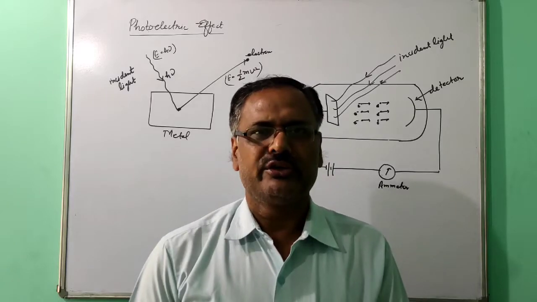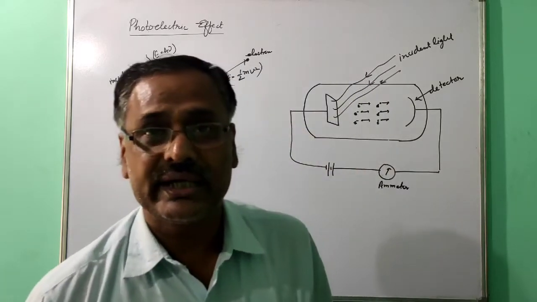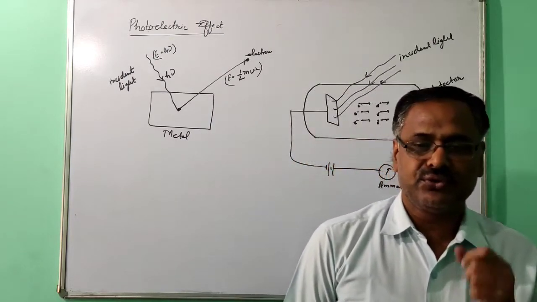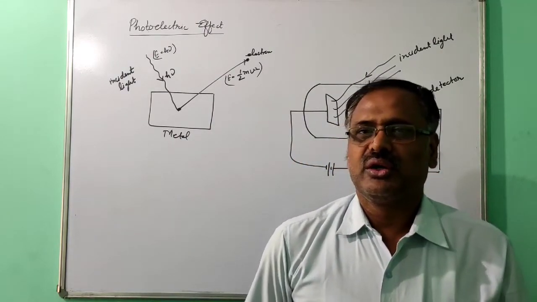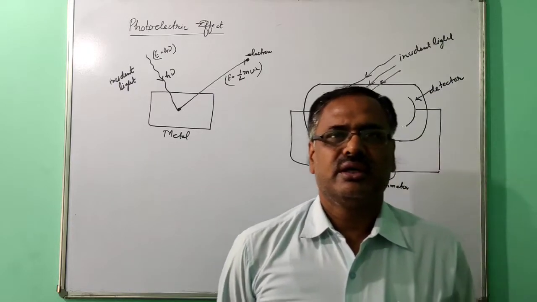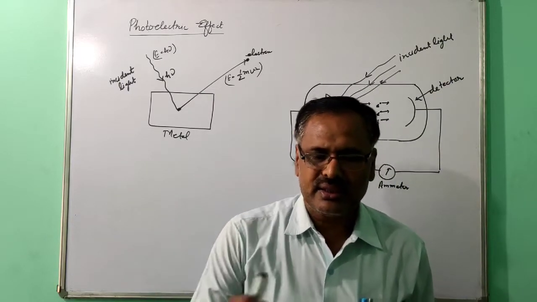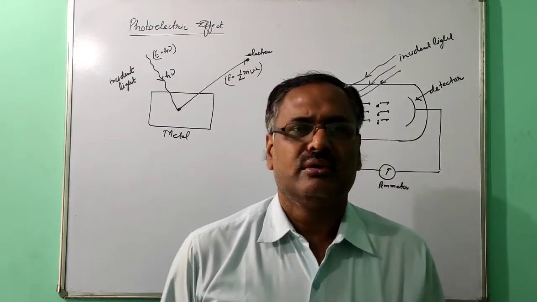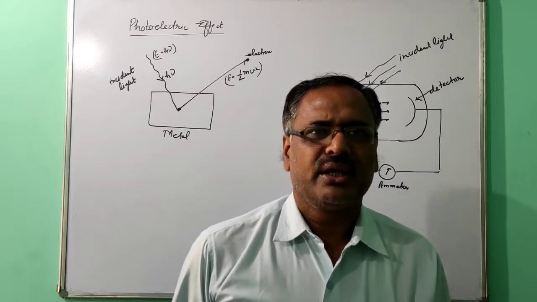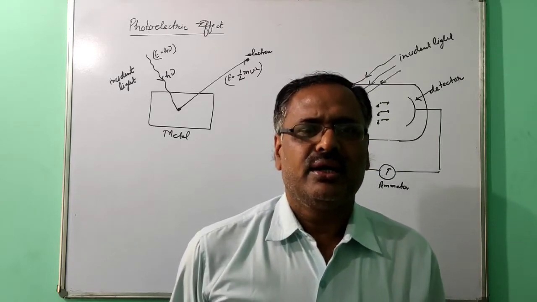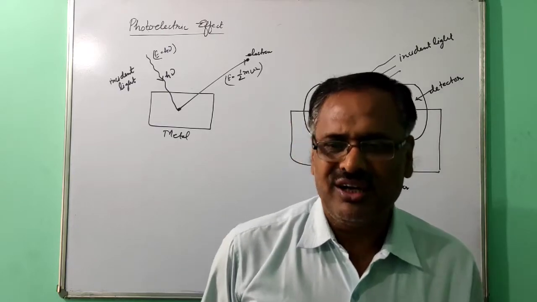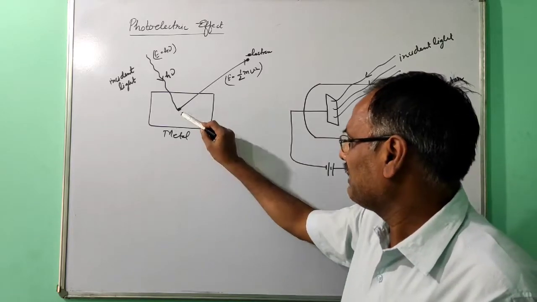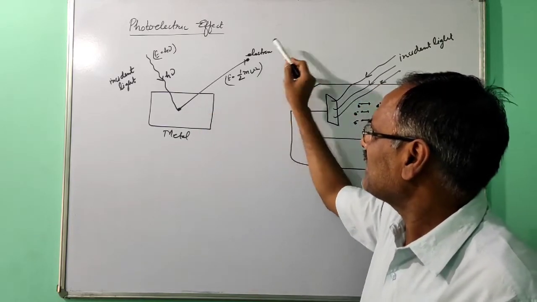Today we are going to study the photoelectric effect. You must be thinking, what is the photoelectric effect? As you know, in any metal, electrons are there. If a beam of light falls on a metal surface, electrons are emitted.